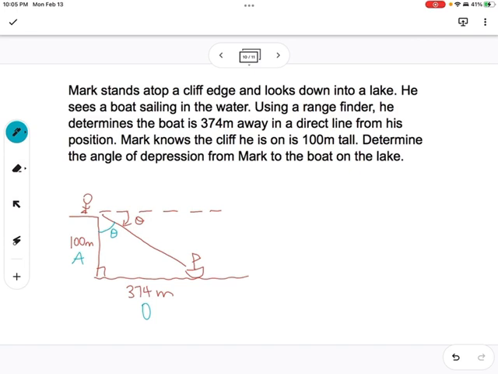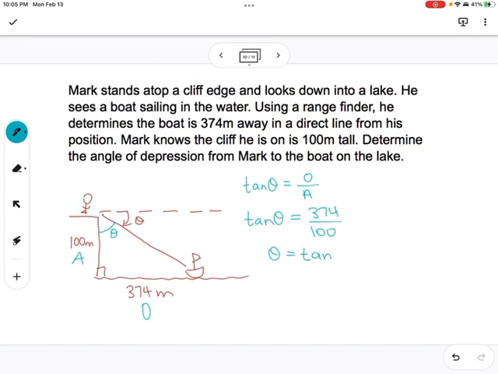Using opposite and adjacent, we can use tan again. So tan theta equals opposite over adjacent. Tan theta equals opposite is 374 over adjacent, which is 100. Getting theta by itself, we move tan to the other side.